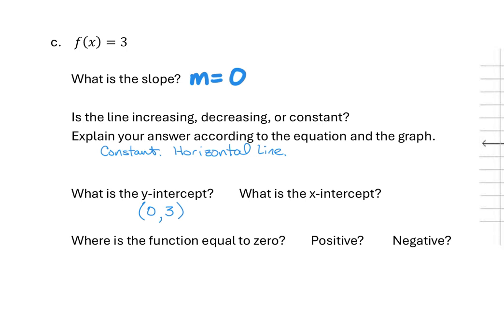Since y is always equal to 3, it's never going to equal 0. Remember, that's how we find the x-intercept. We set y equal to 0 and solve for x. But y is equal to 3, it's never 0, and so for this one, we have no x-intercepts.